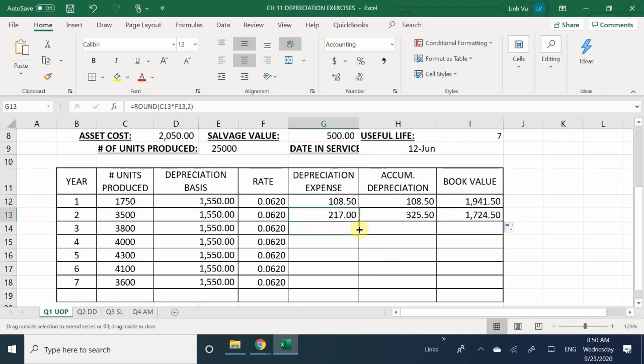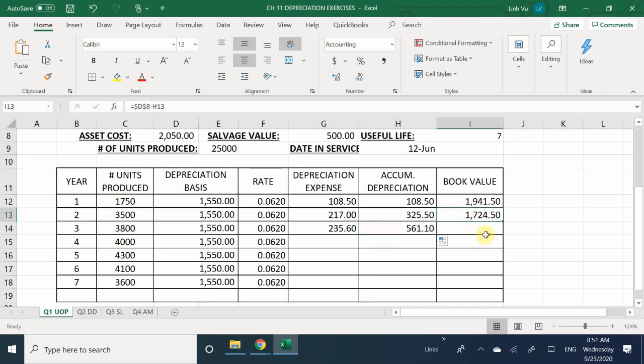What's the depreciation expense going to be for the third year? $235.60. What's my accumulated depreciation for the third year? 56,110.